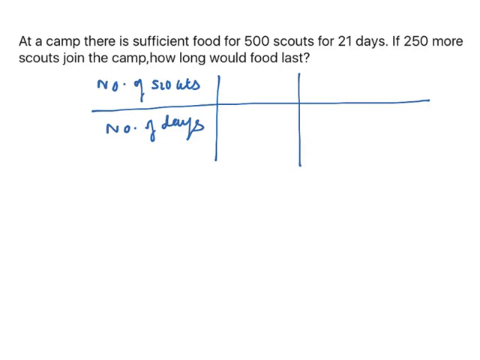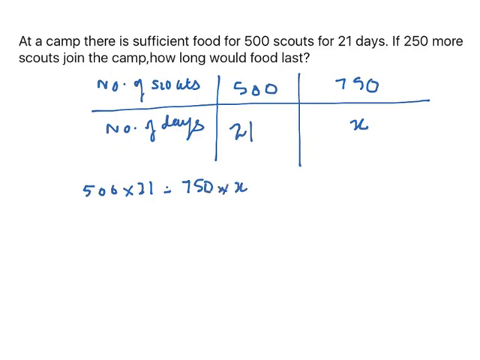So in that case we have 500 scouts, then the number of days required to finish the food is 21. And if we have 250 more scouts, that means we have a total of 750 now, and we have to find out in how many days the food will be sufficient. Now this is the case of indirect variation. So in that case 500 times 21 will be equal to 750 times x.